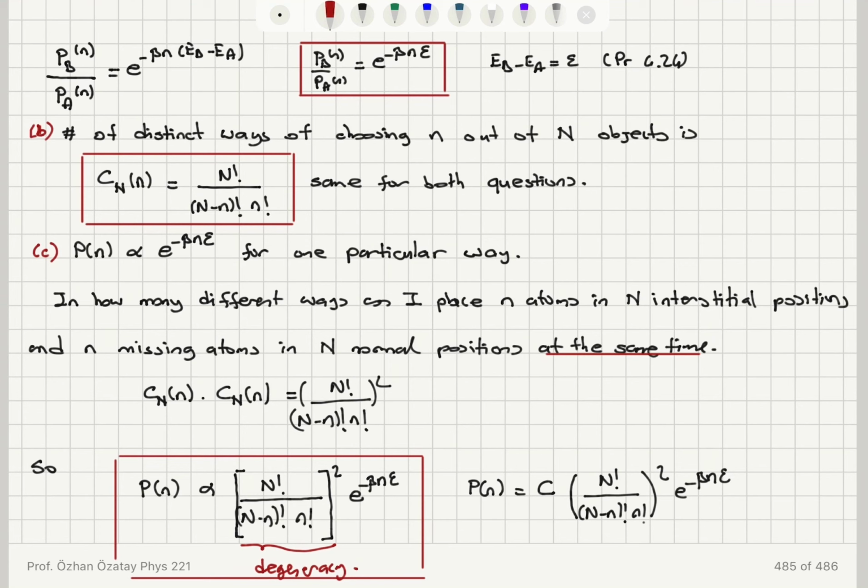And since the probability of one particular configuration was e to the minus beta n epsilon, the joint occurrence of n out of capital N normal positions, empty positions, and n out of capital N interstitial filled positions is the square of the combinations. And then the probability will be the number of different ways we can do this multiplied by the exponential minus beta n epsilon. That is our degeneracy basically, corresponding to the same energy. And this gives us the probability.